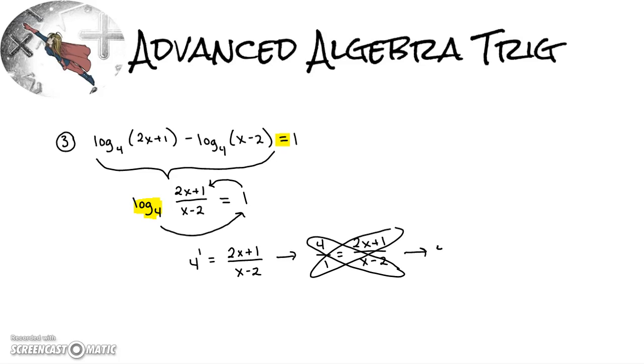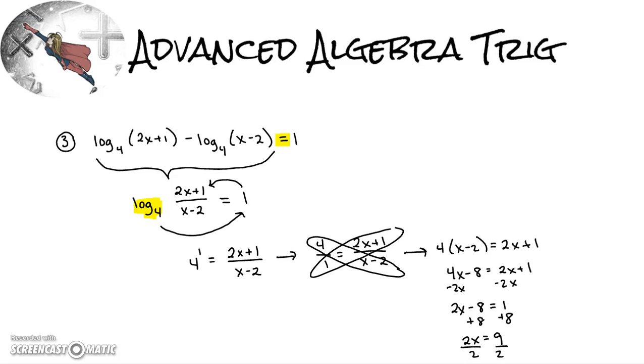So I would get 4 times x minus 2 equals 2x plus 1, because that was just times 1. So I get 4x minus 8 equals 2x plus 1. How about if I subtract 2x from both sides? So I get 2x minus 8 equals 1. Add the 8 over. So 2x equals 9.